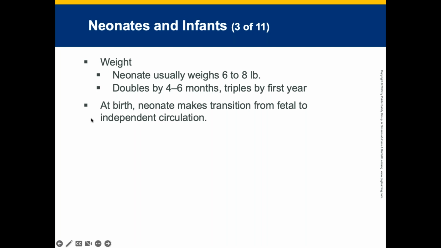I'm not saying that in any way, shape, or form, but something to consider. Okay, why is their body weight lower than what it should be? Okay, so if they weigh let's say 6 pounds, okay, at the end of the first year, they should be tripling that weight by the time they're 1 year old.